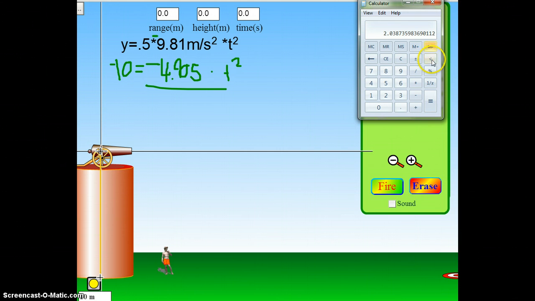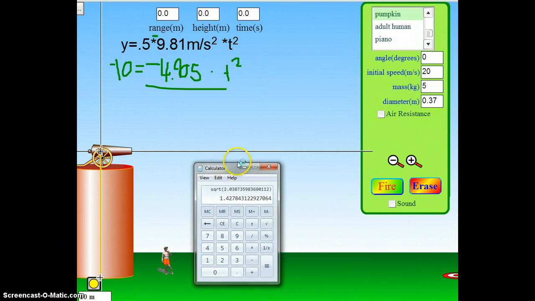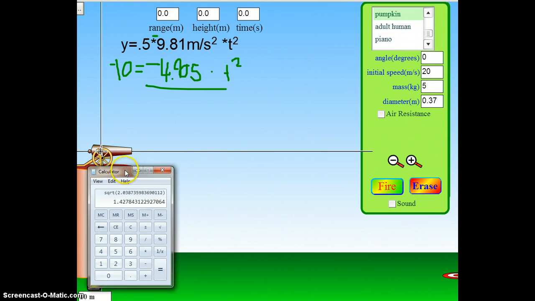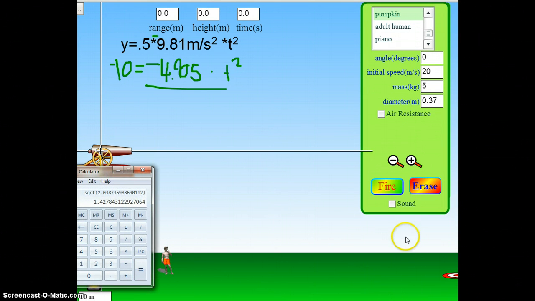Then we have to square root that to get our time. Square rooting, we are going to take 1.427 seconds to reach our destination. Now, the next calculation is to figure out where it will land. If we have an initial velocity of 20, we need to use the next equation to calculate that.